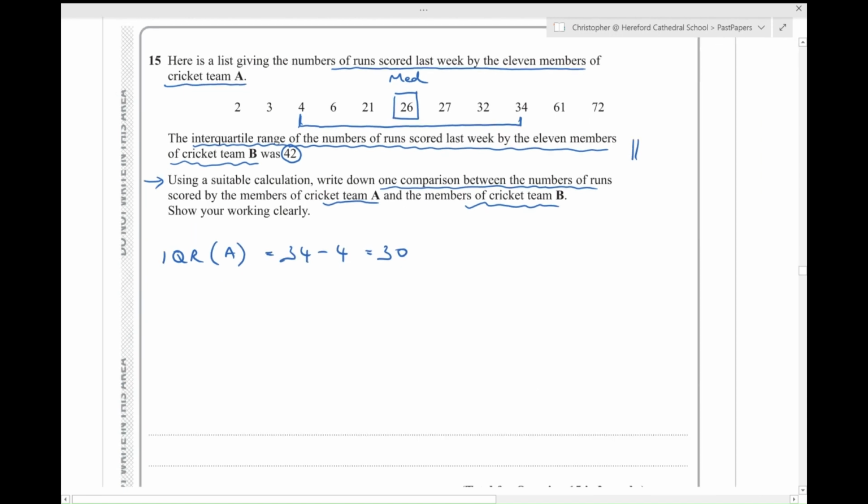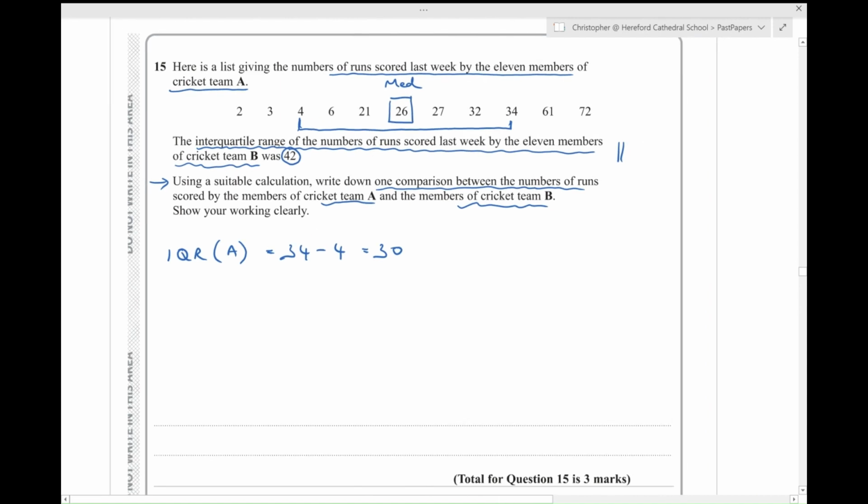So if I were to draw a comparison between the number of runs scored by members of cricket team A and the number of runs scored by members of cricket team B, I could say the interquartile range of team B was higher than the interquartile range of team A. There you are.